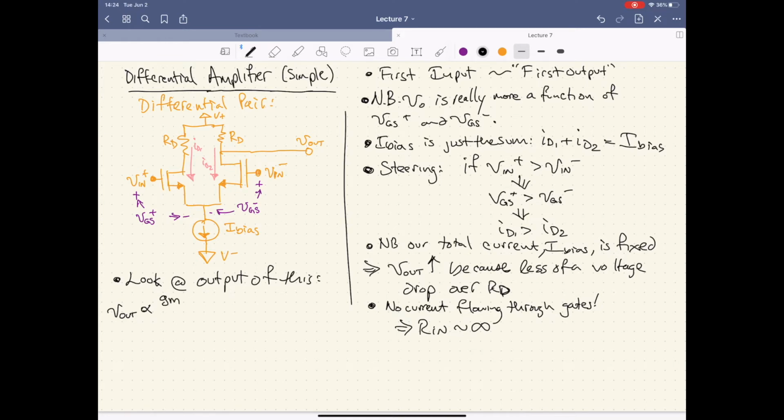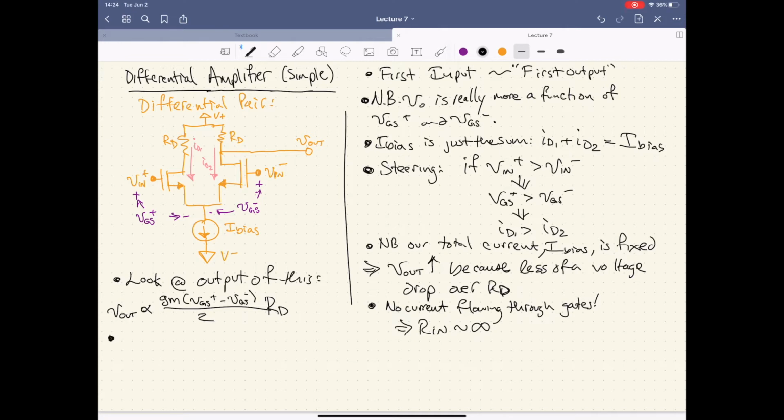This will get us close. GM times VGS plus minus VGS minus over 2 RD. So note here that the GM is consistent between our two MOSFETs here and here, because we're assuming they're pulled from the same batch, so we're good on that.